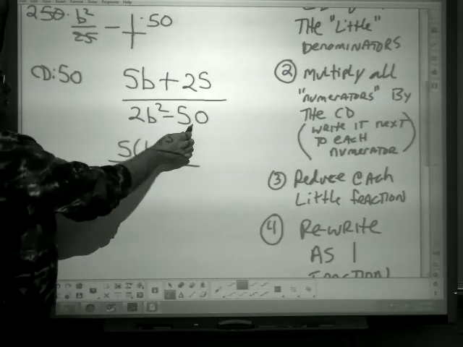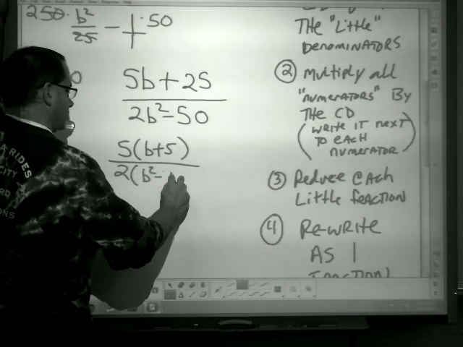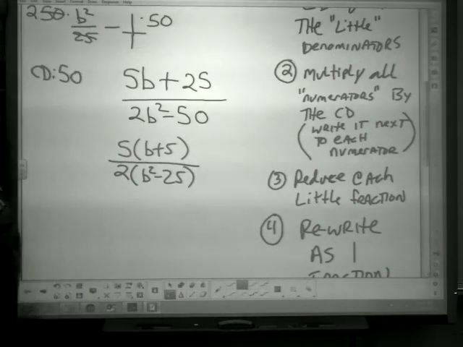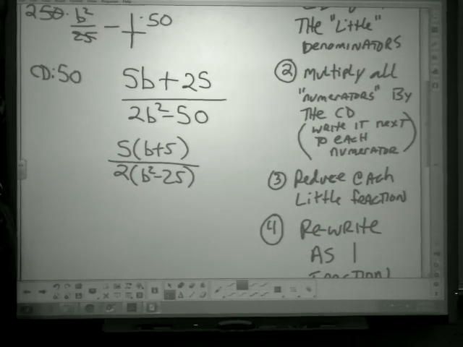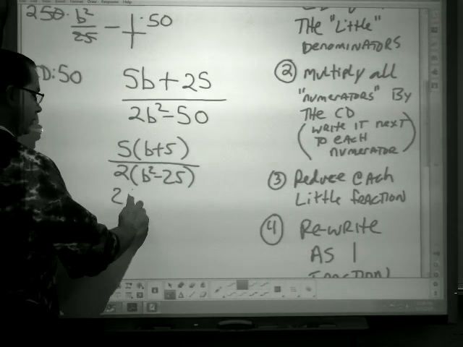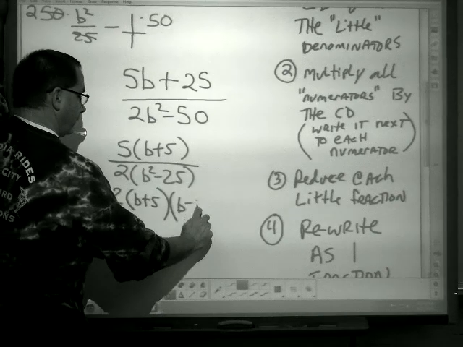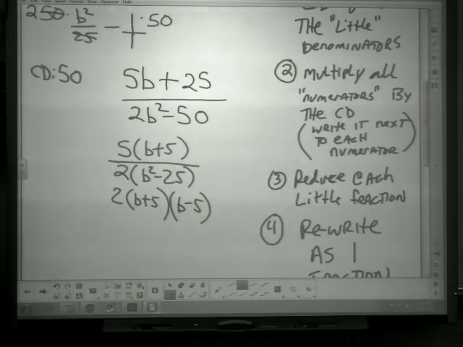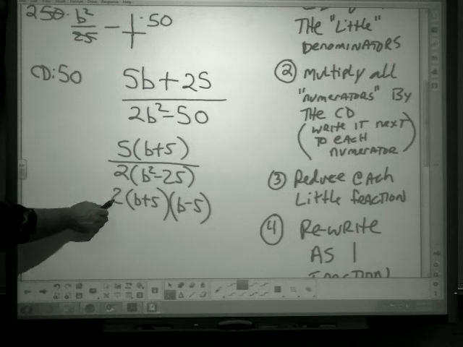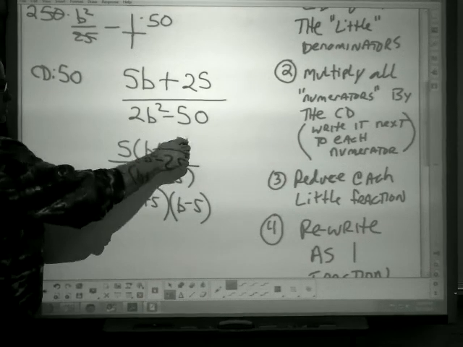Over, well, I can take out a 2 here, and this is b squared minus 25. Oh, but wait, there's more, just like those infomercials. b squared minus 25 really is a difference of perfect squares: b plus 5, b minus 5. 2 just goes along for the ride. So factor and reduce.